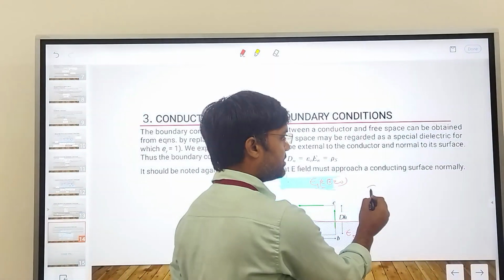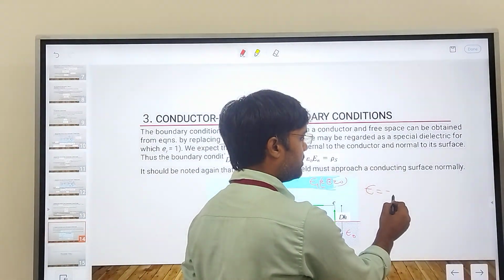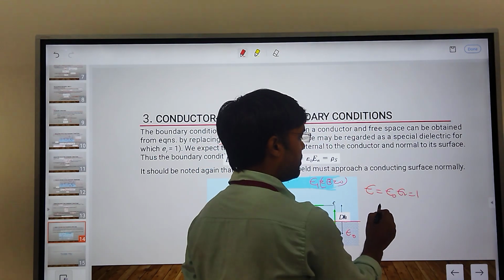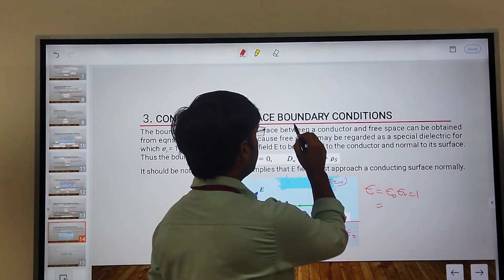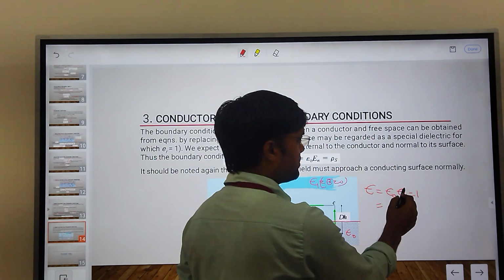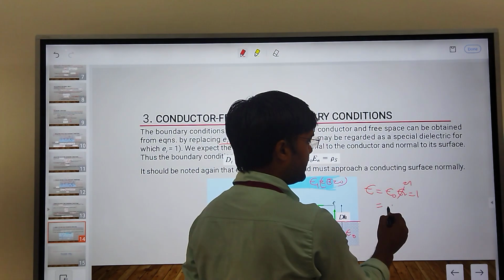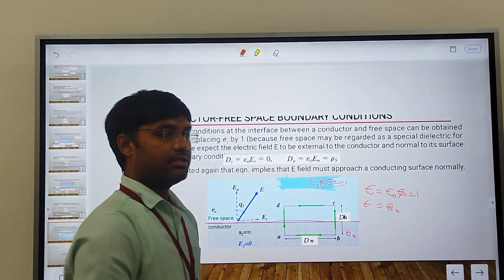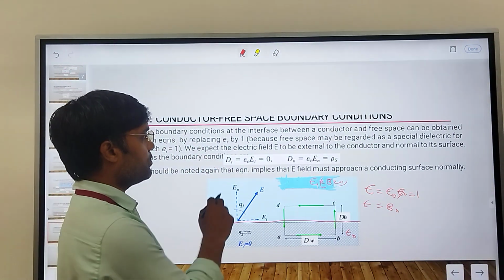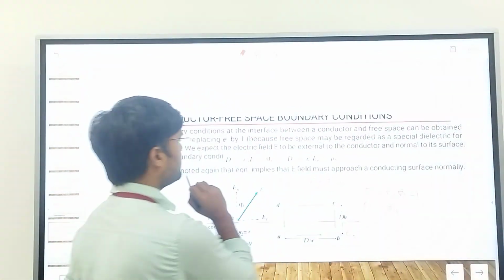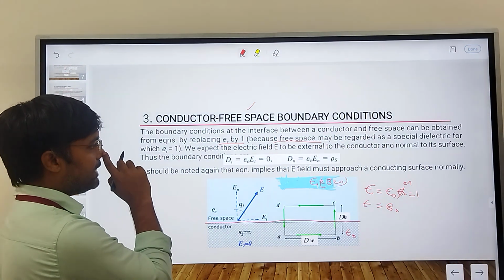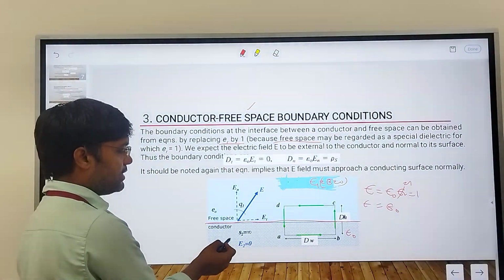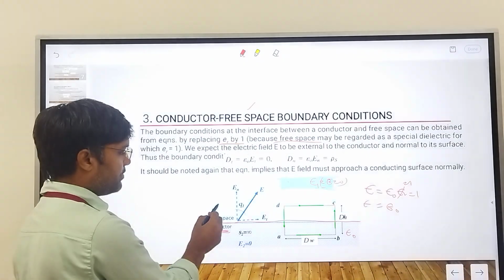Actually epsilon equals epsilon naught epsilon r, and in free space epsilon r is 1, so free space is regarded as a dielectric material. In this case, this is the conductor and this is the free space.